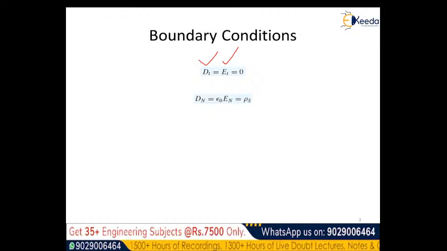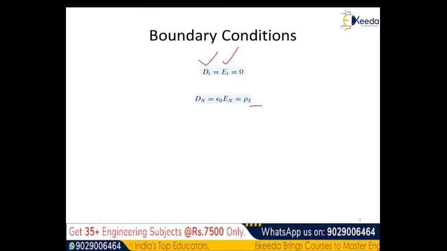Whereas Dn is equal to, we know the relation, D is equal to epsilon E. So electric flux density can be obtained by just multiplying the electric field intensity by epsilon here. Epsilon is the permittivity of the medium here.